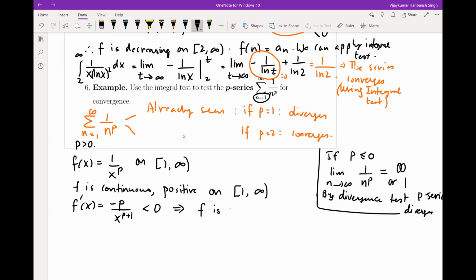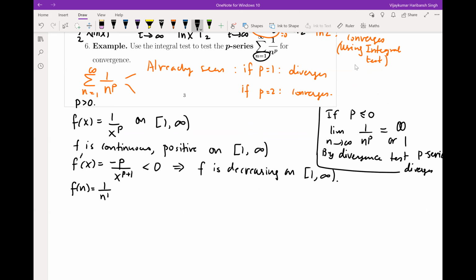on 1 to infinity. And also note that f of n equals 1 by n to the p, which is a_n. So therefore we can apply the integral test. Okay, so we want to apply the integral test.